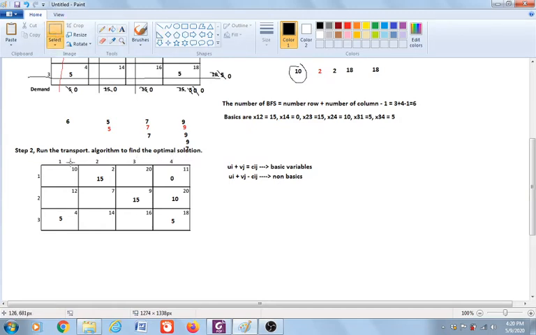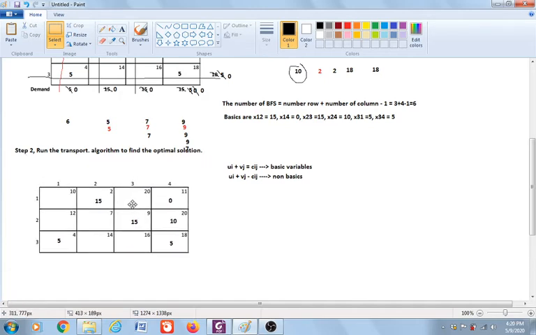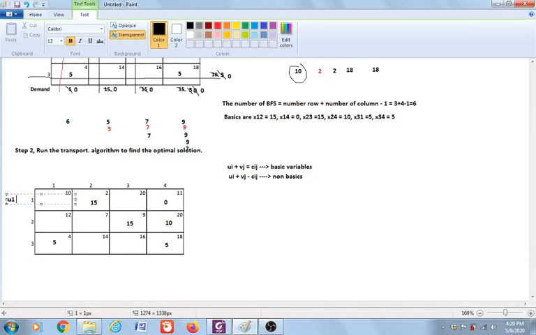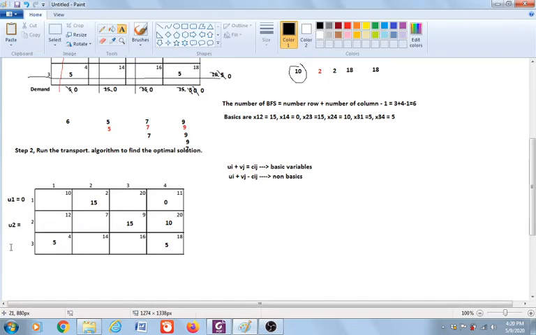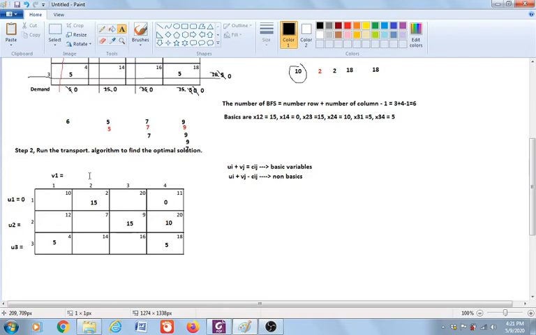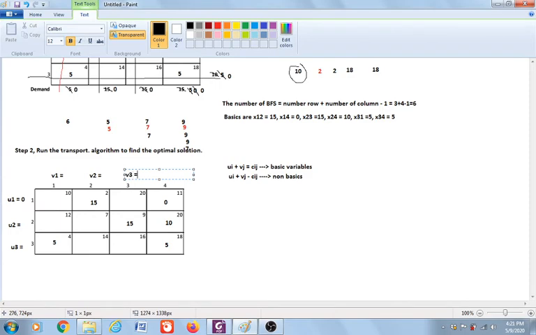Okay, I need some room over here. So we're going to have over here u1, and u1 will always be 0. u2 we do not know yet its value. u3 we do not know yet its value. v1, v2, v3, and v4.